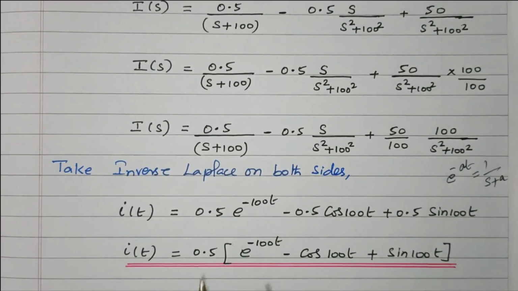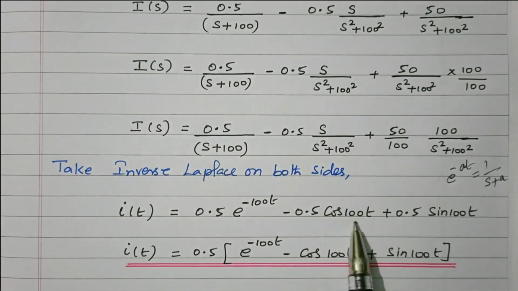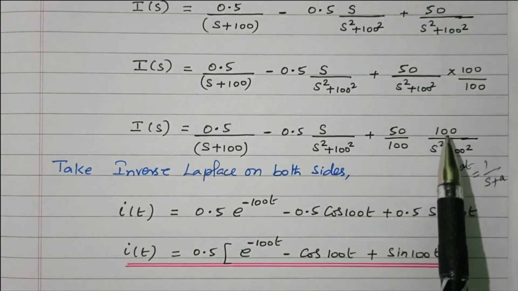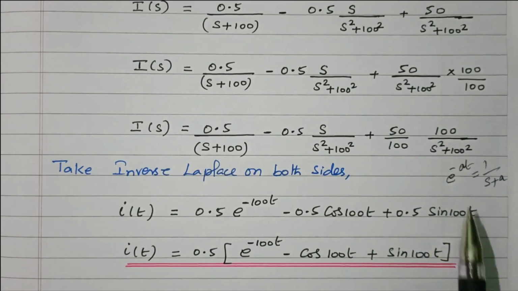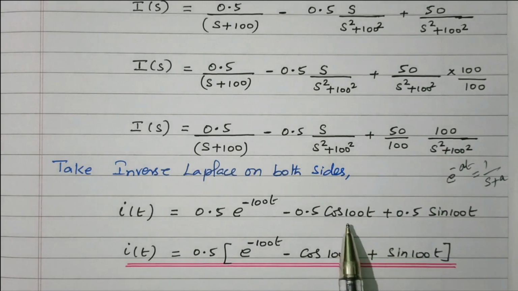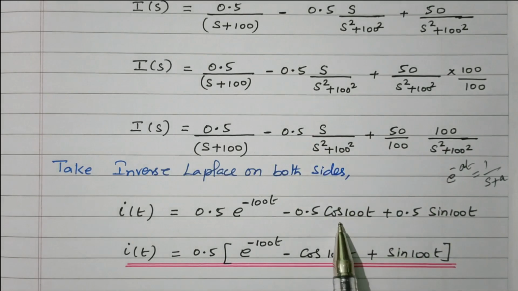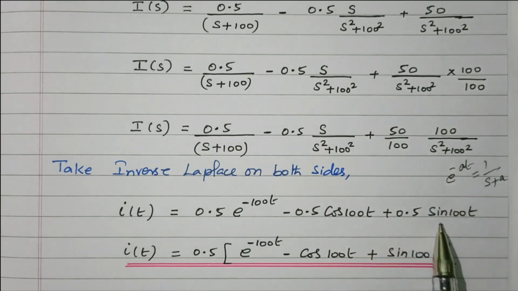The inverse Laplace of s divided by (s² plus 100²) is cos 100t, where omega is 100. Similarly, 100 divided by (s² plus 100²) is sin 100t. These two are direct formulas: s divided by (s² plus omega²) is cos omega t, and omega divided by (s² plus omega²) is sin omega t.